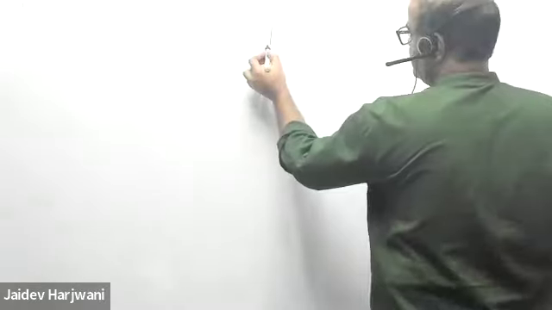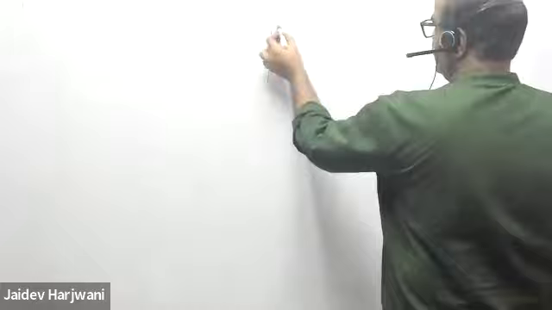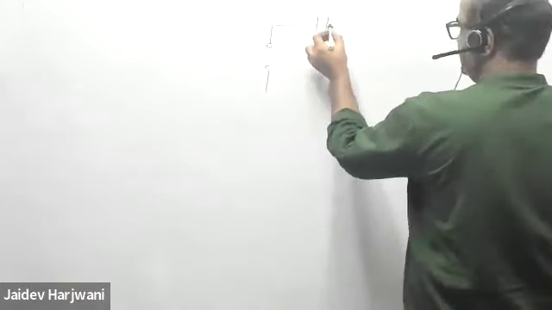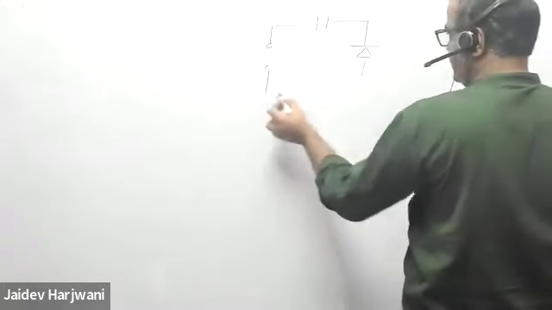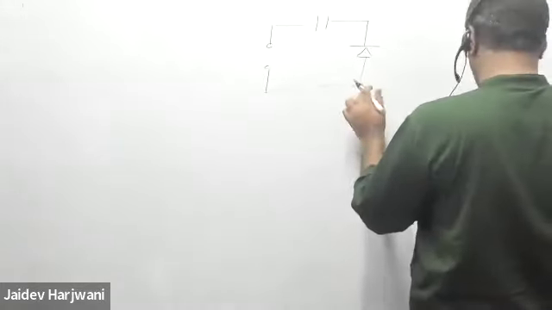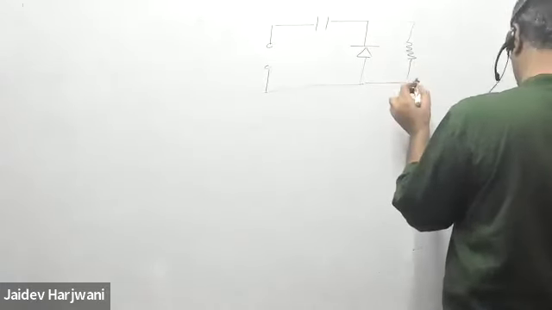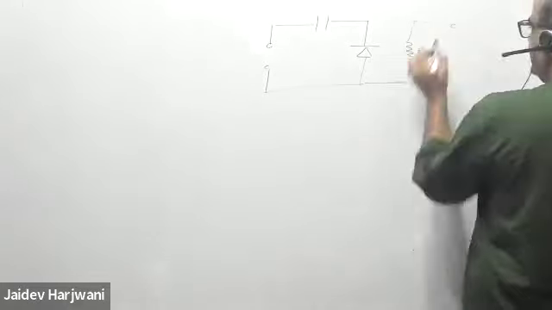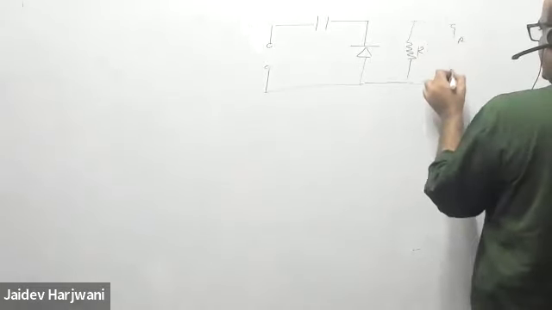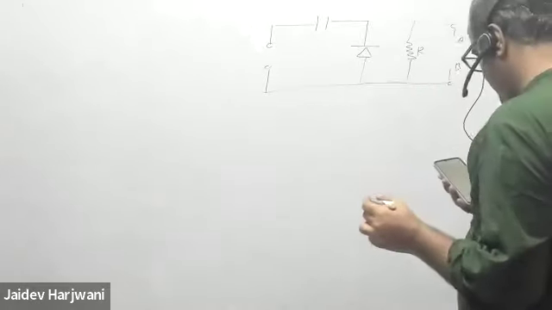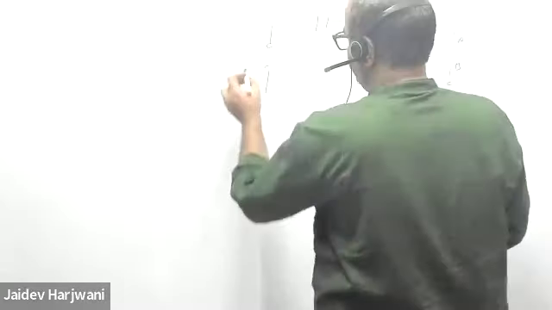You have V input, you have a capacitor here, you have a diode here, you have R value here, and this is your A and B. And this is your V input here.